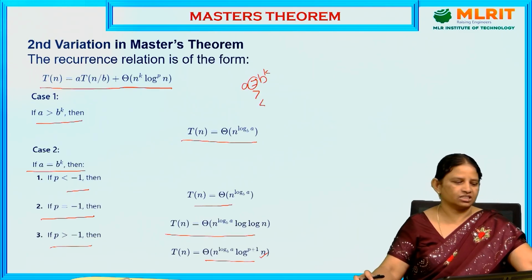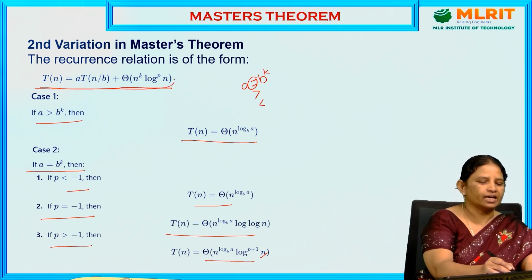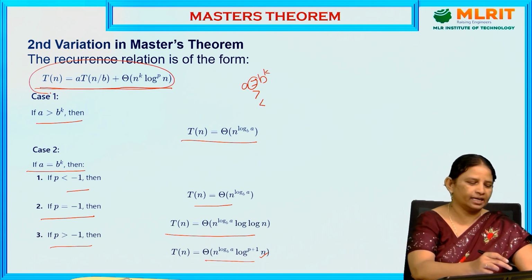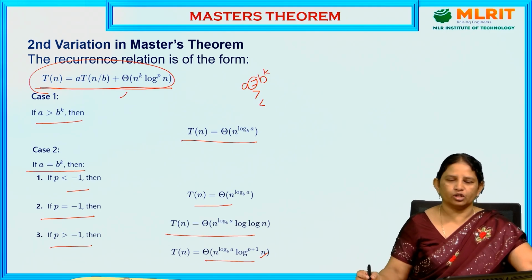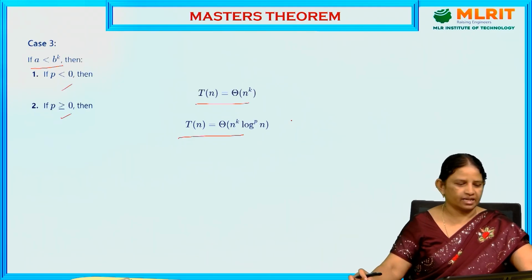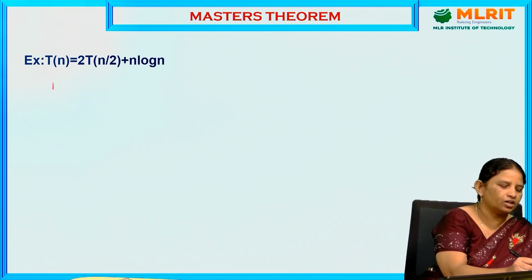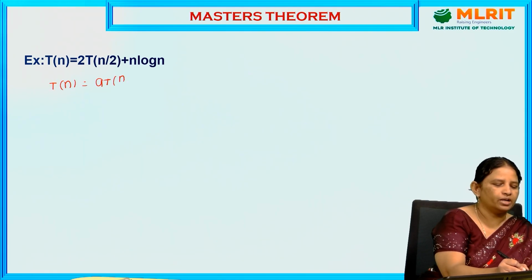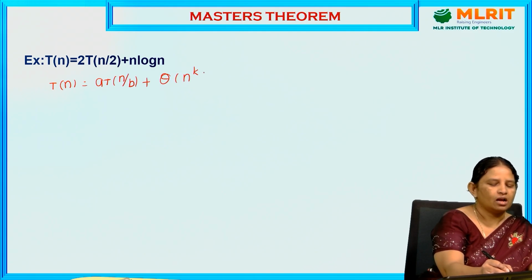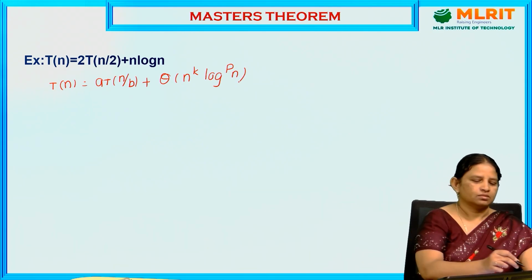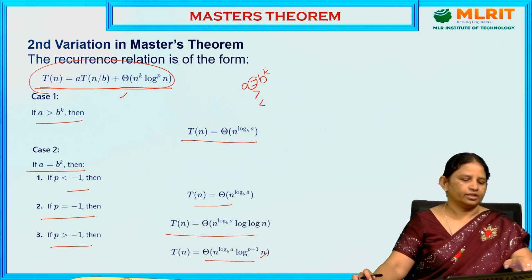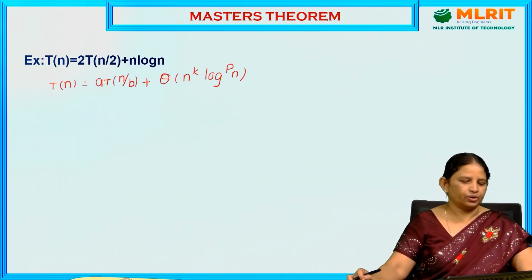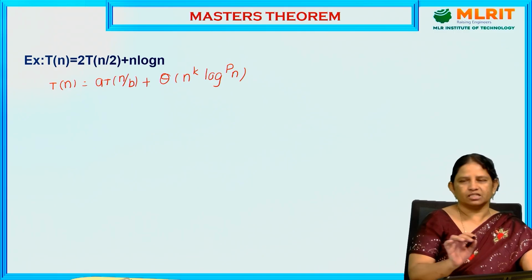Whatever recurrence relation has been given, we convert it into the recurrence relation of the form T of n equal to AT n by b plus theta of n to the power of k log to the power of p into n. This is the given recurrence relation.